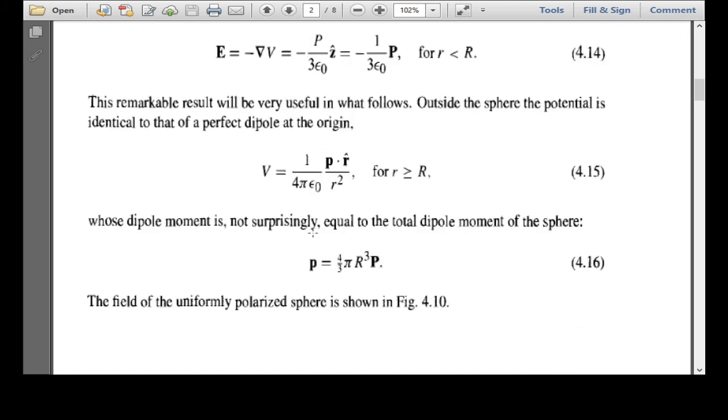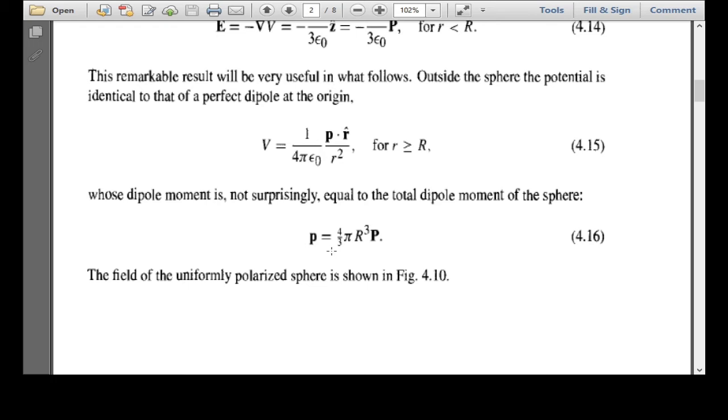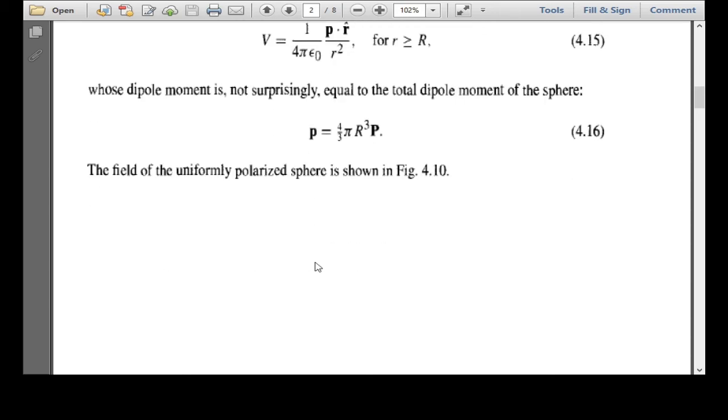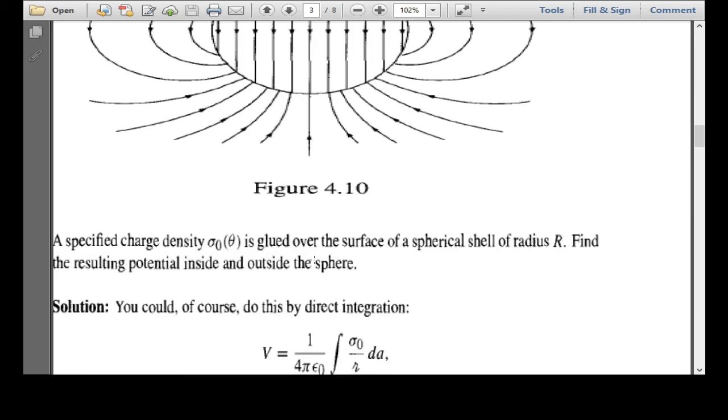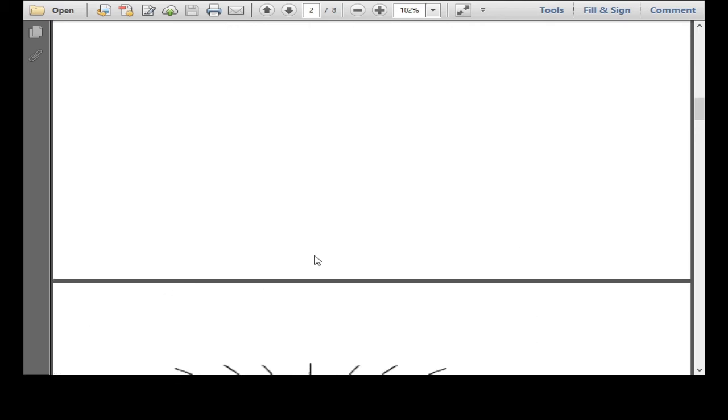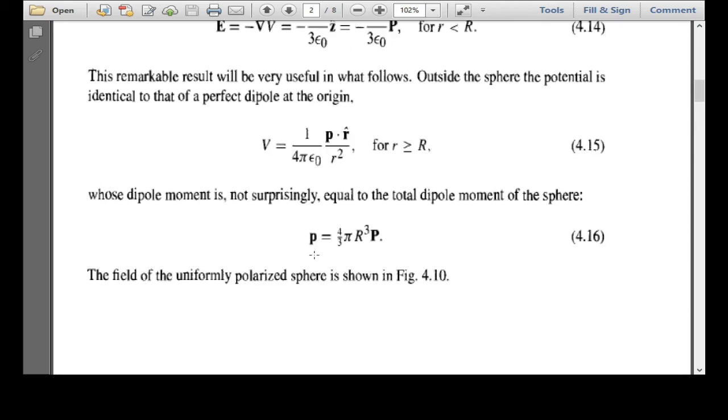From here the dipole moment of the sphere is given by 4 by 3 pi capital R cube P. So this value can be substituted here, and then we find the value of E. The value of E is similar to the electric field due to an electric dipole.